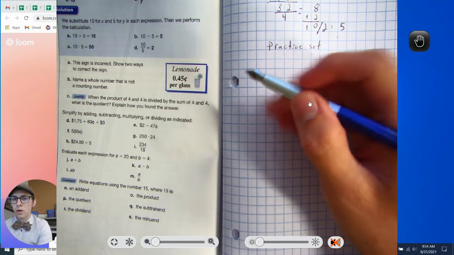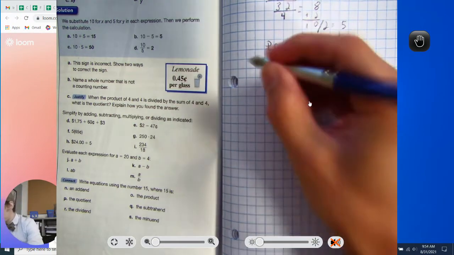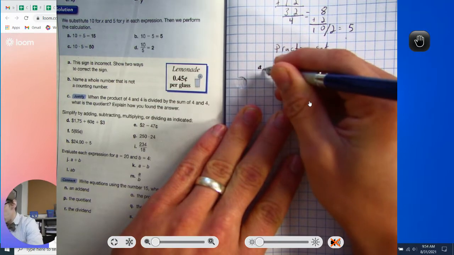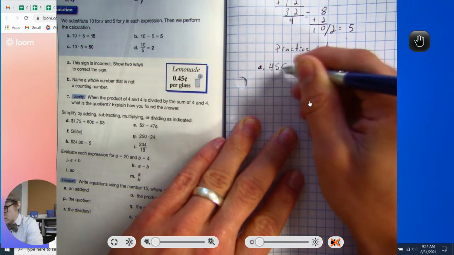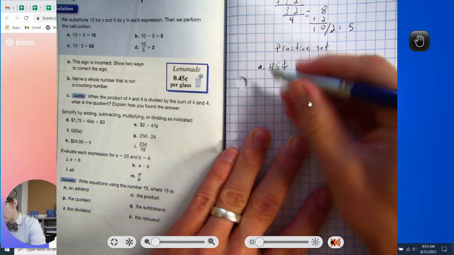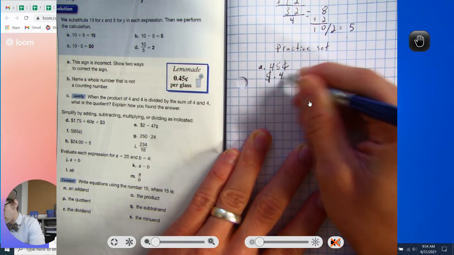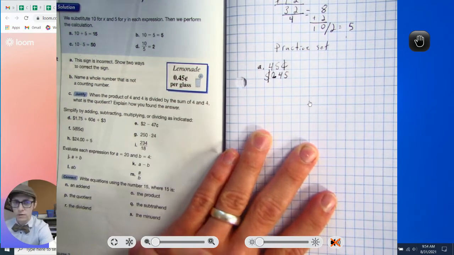So there's 2 ways we can do this. We can rewrite this. The first is if we say 45 cents. And the other way is if we do $0.45, right?